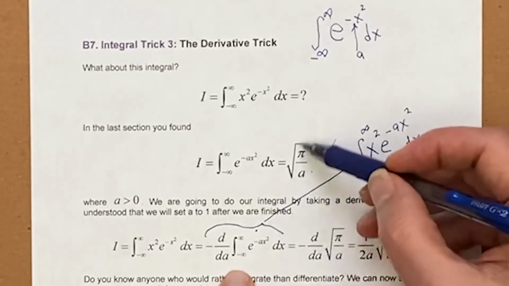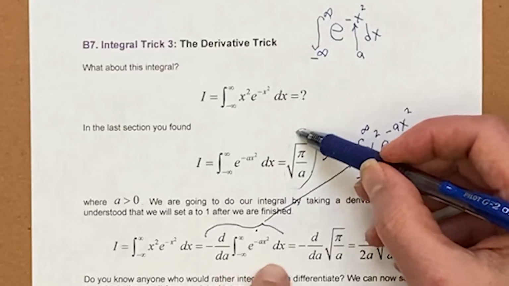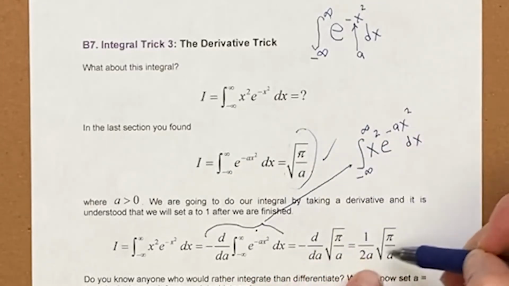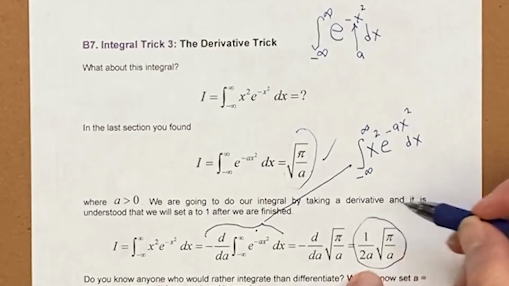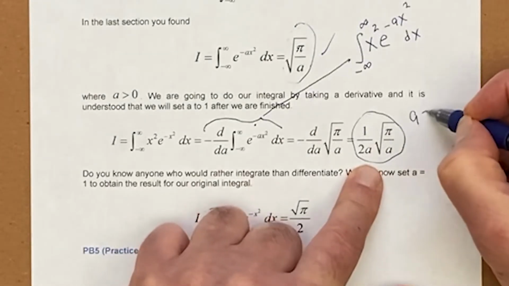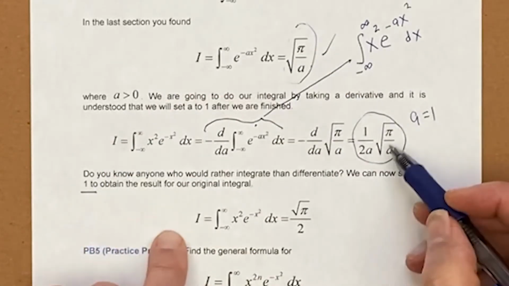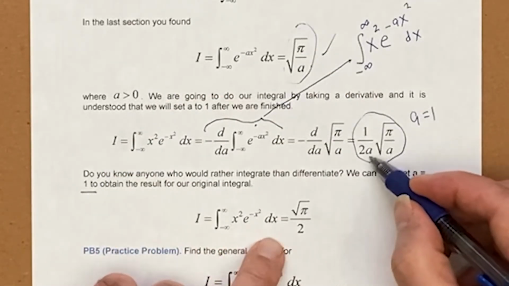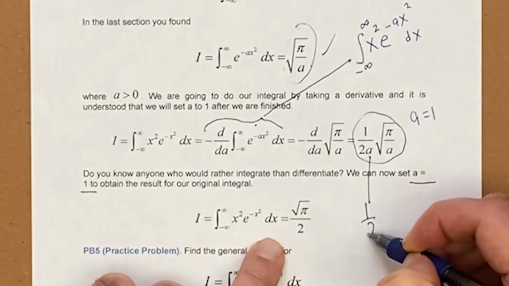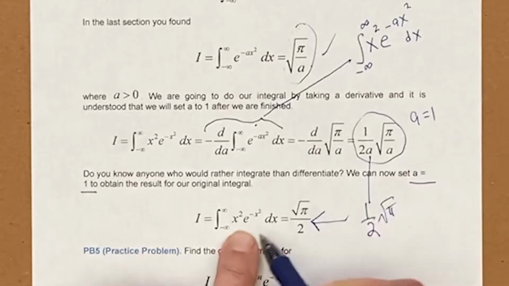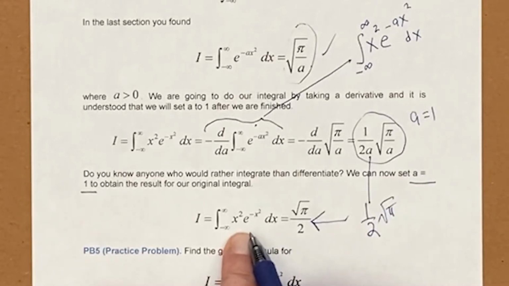But I can do it now by taking the derivative of this. So taking negative the derivative of this, which we have worked out here, then all you have to do is let a equal to 1. And when you do that, this becomes 1/2 times the square root of pi. And that then gets you the integral you wanted to start with.